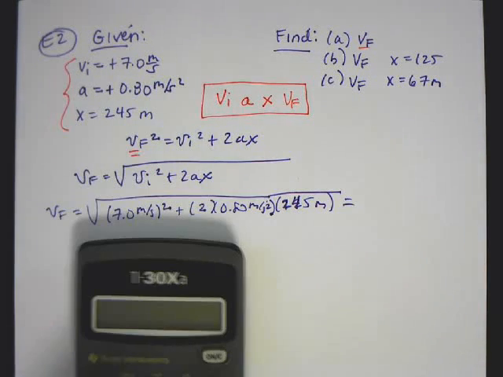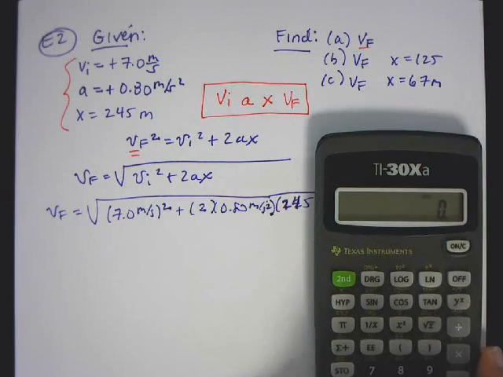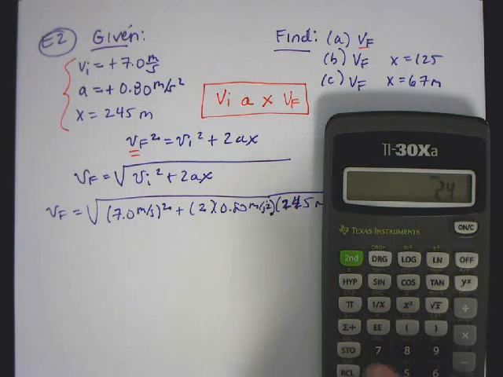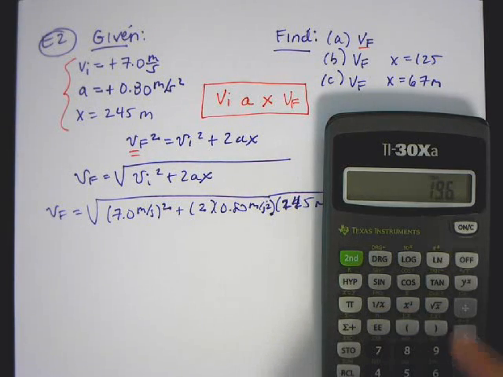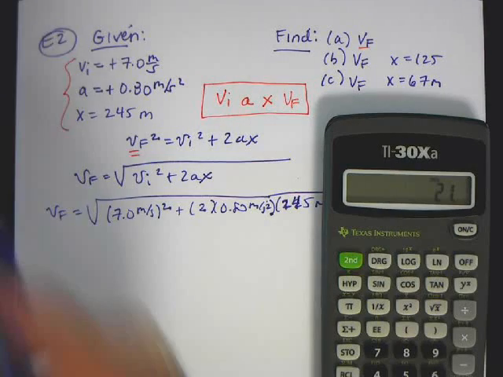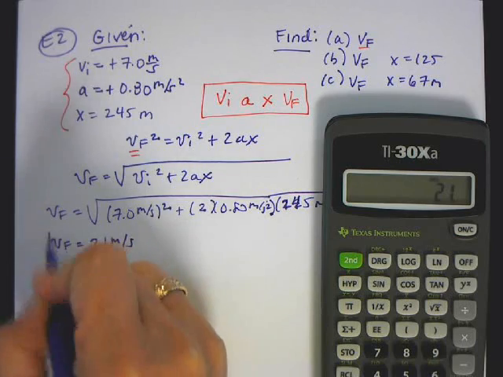So when I put this in my calculator, I always do it this way. So I do 245 times 0.8 equals times 2 equals plus 7 squared equals. Then I'm going to take the square root, so it comes out to be 21 meters per second. So VF is equal to 21 meters per second.